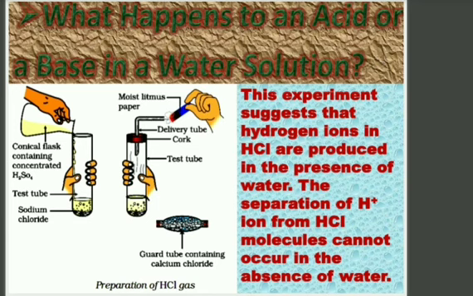Then when we put a cork on it and bring a moist litmus, meaning it contains some quantity of water, we will see the change: the blue litmus changes to red. How does the blue litmus change to red?